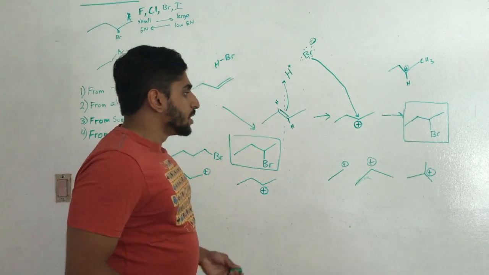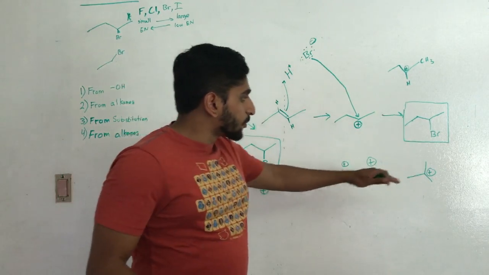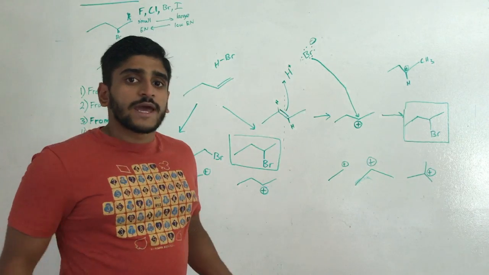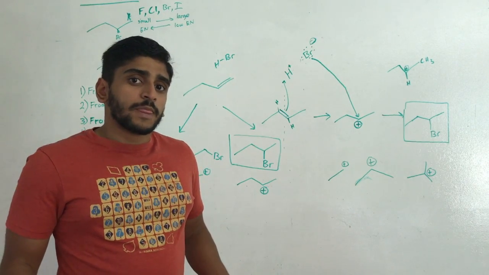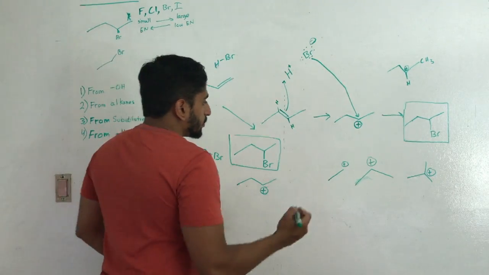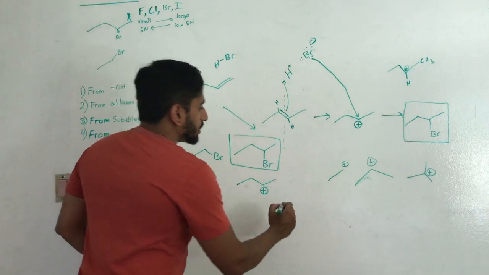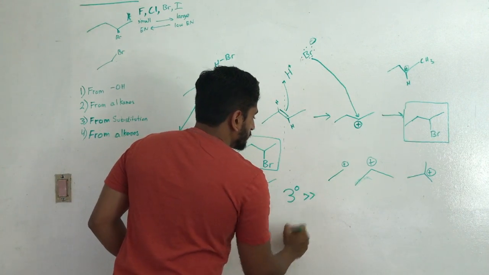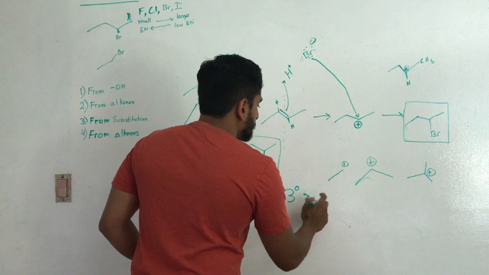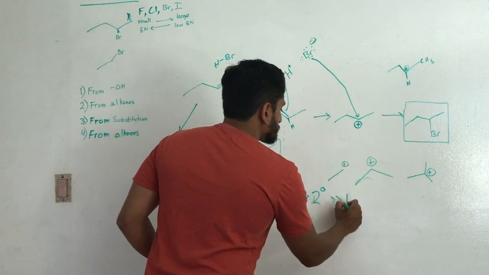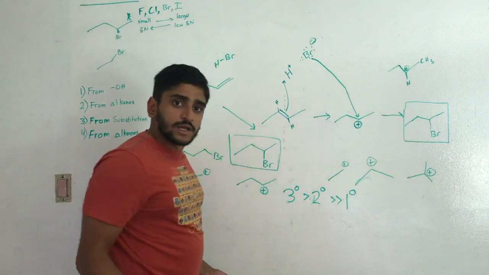This principle that deals with the stability of carbocations in substitution reactions is known as the Markovnikov rule. And all the Markovnikov rule states is that in terms of stability, a tertiary carbocation is more stable than a secondary carbocation, which is much more stable than a primary carbocation.